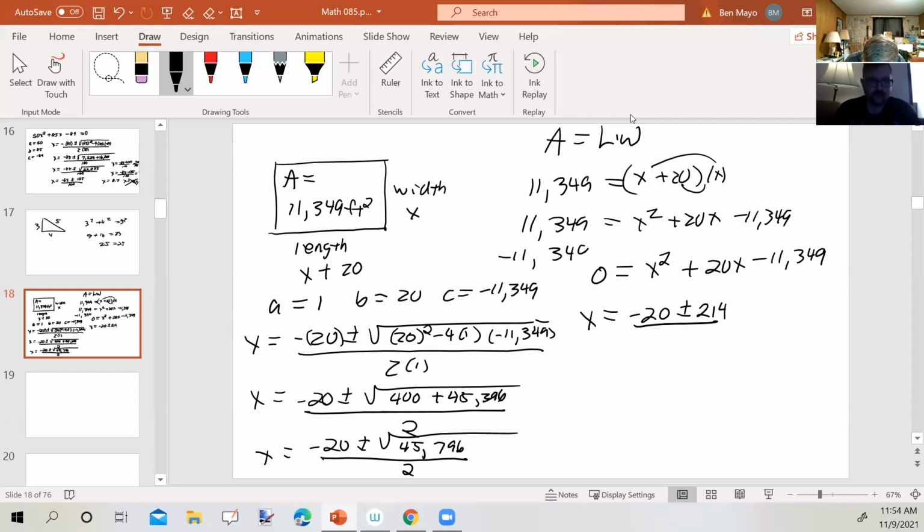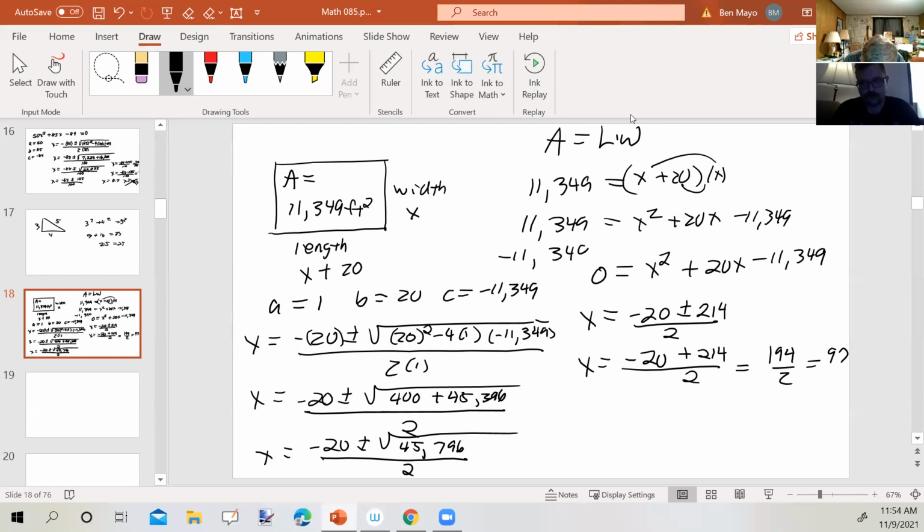Nice. All over 2. So now I've got X is negative 20 plus 214 over 2, which is 194 over 2, which would be 97. I think that's right.